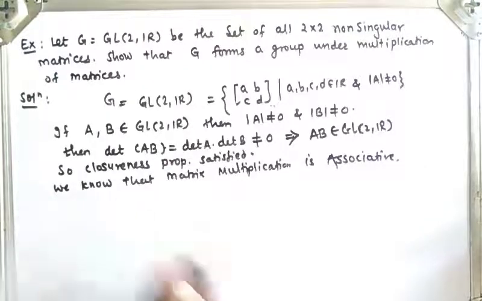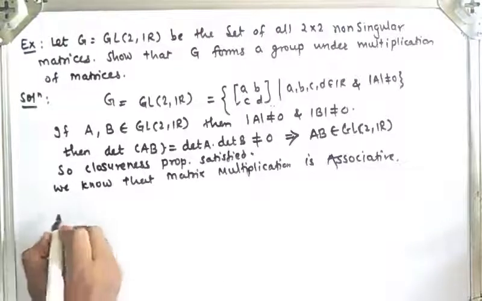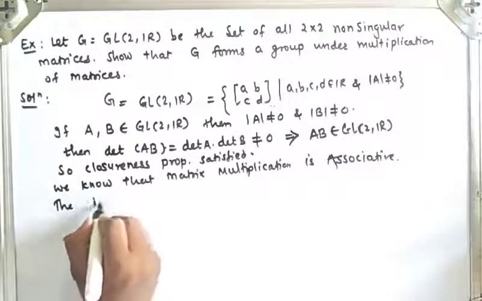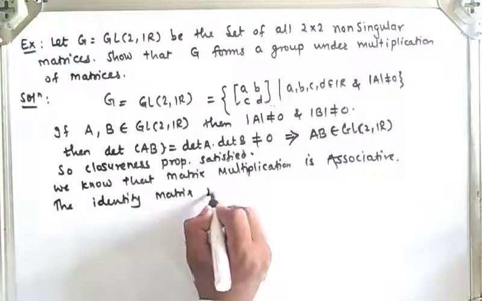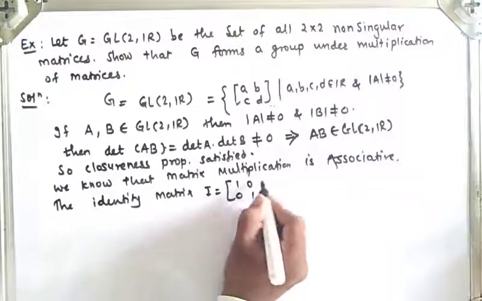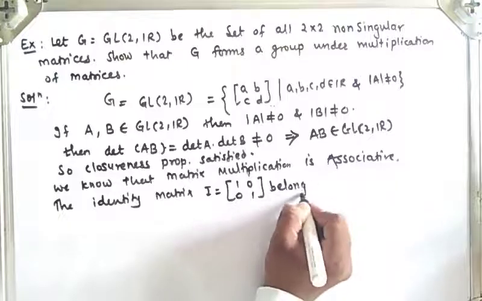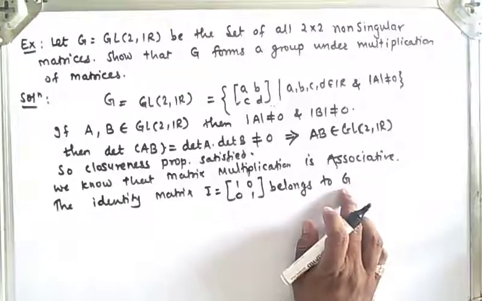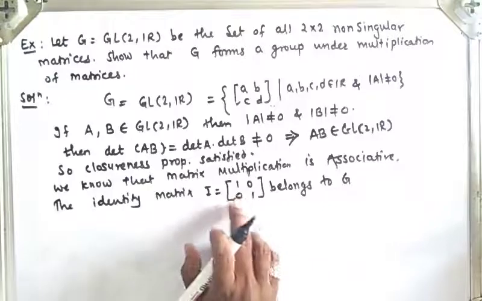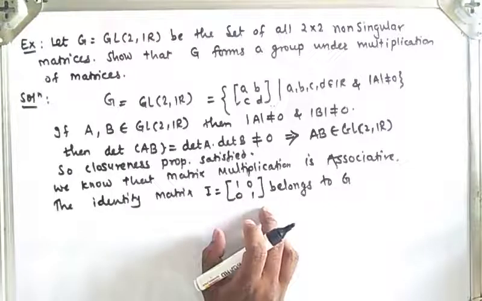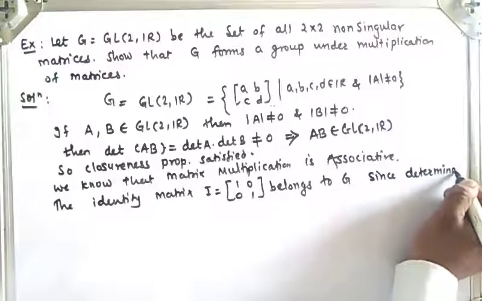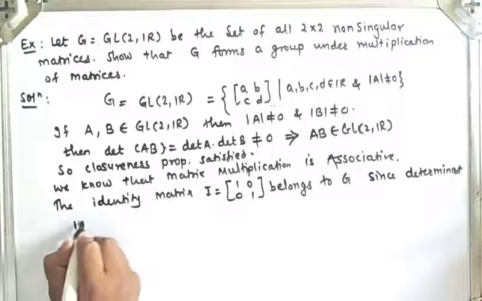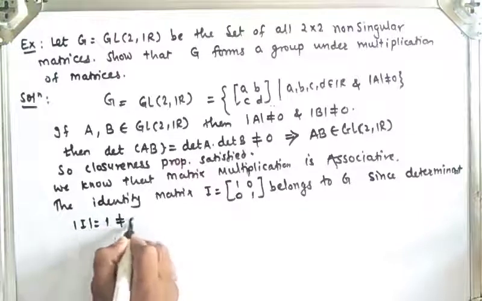The identity matrix will be I, which is 1 0 0 1, and it belongs to G because G consists of non-zero determinant matrices. Here the determinant of I is equal to 1, which is non-zero.